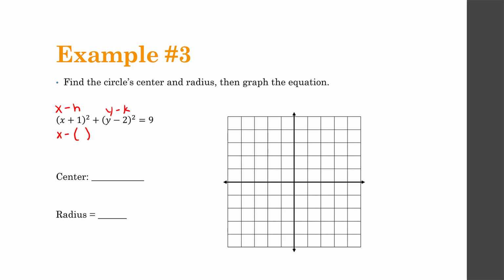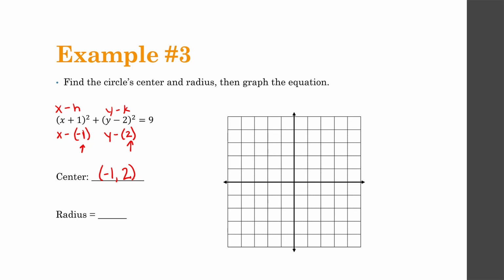Well, if it's x plus 1, we want to undo that plus, so we're going to break it into 2 negatives. x minus negative 1. And the y already has a minus, so y minus 2. This gives us our center, h and k, meaning negative 1, 2.